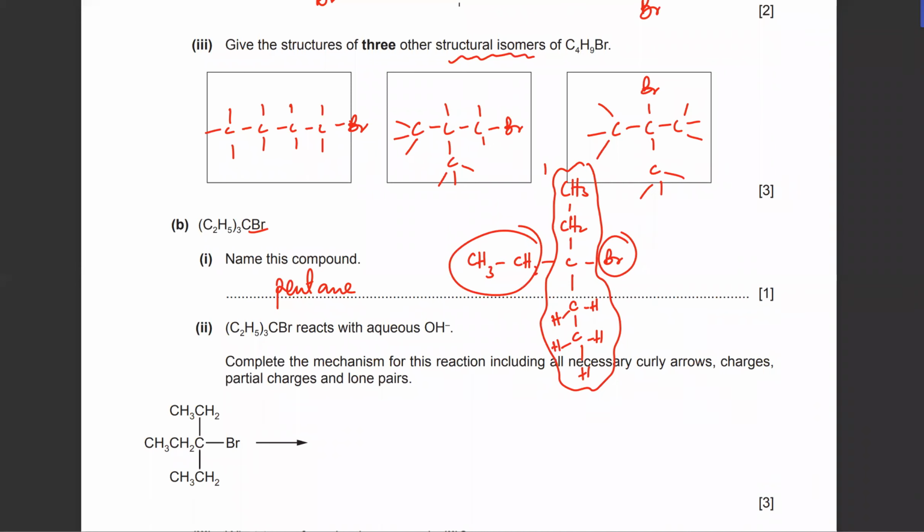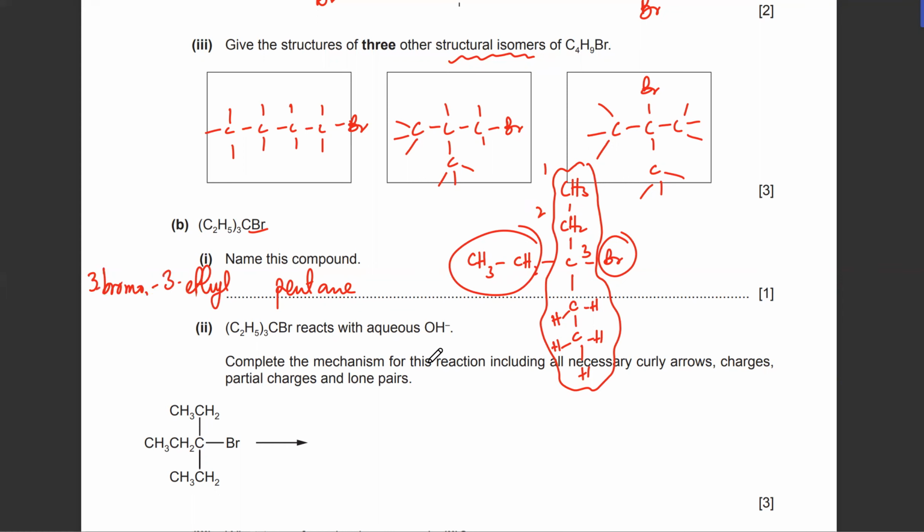If this is 1, this is 2, this is 3. So this is 3 bromo, 3 ethyl. Bromo comes first, and then 3 ethyl. Sir, couldn't we write 3 ethyl first, would it affect anything? It wouldn't matter, but it is alphabetical. Okay, clear?